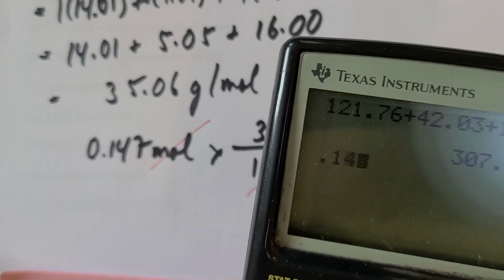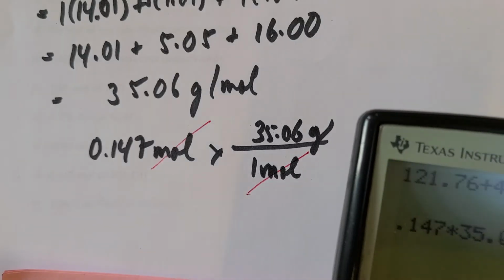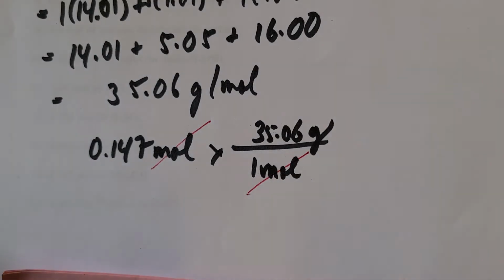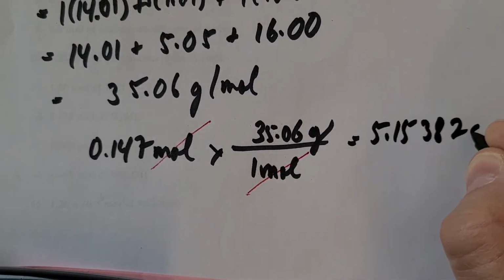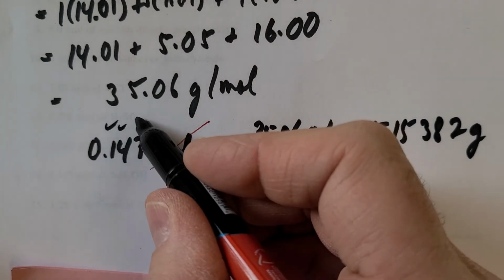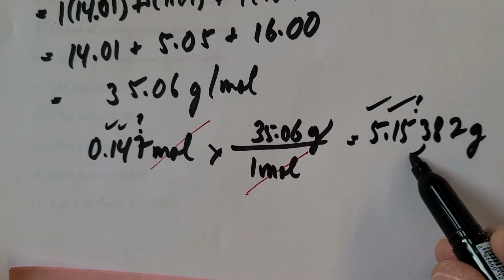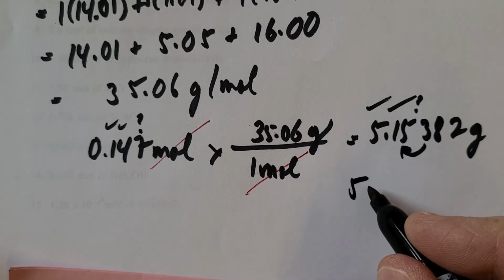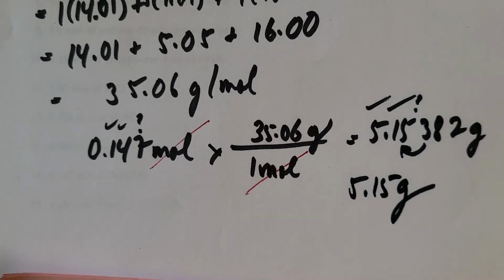So 0.147 multiplied by 35.06 gives us 5.15382 grams. And of course, with sig figs, we have 3 sig figs. This next digit is a 3, so that's going to stay as a 5. So 5.15 grams of ammonium hydroxide in this case. So that is how you do that.